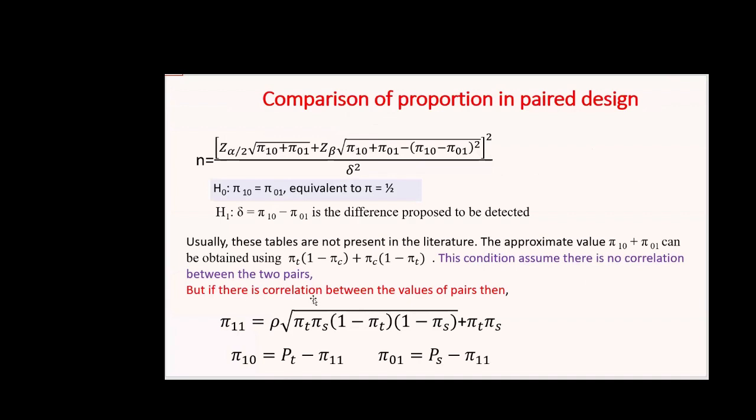If you are assuming a correlation between the two pairs, you have to give the correlation value. Like in the continuous variable, where we took 0.5 as the correlation value, same thing here, you have to give 0.5 for the correlation value between the two pairs.